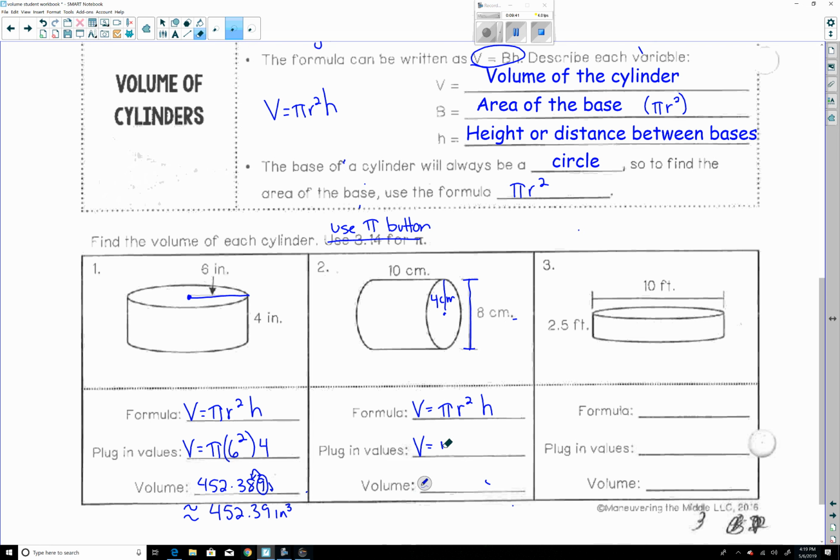Volume equals pi. The radius is 4 squared. The height is 10.